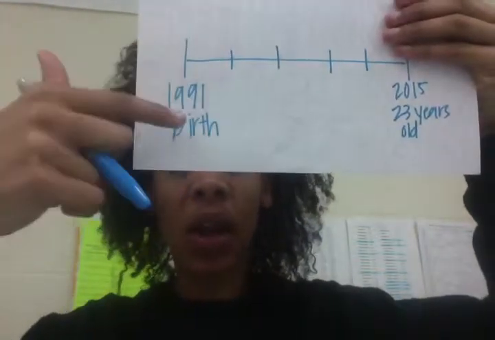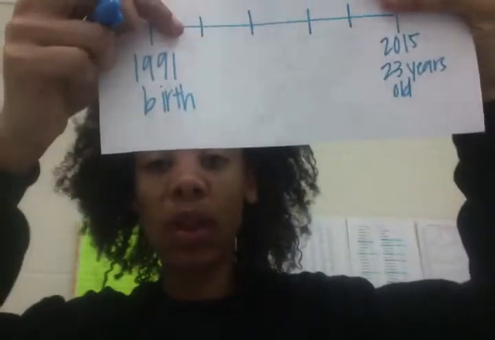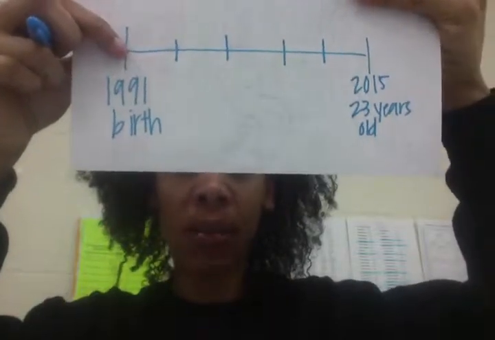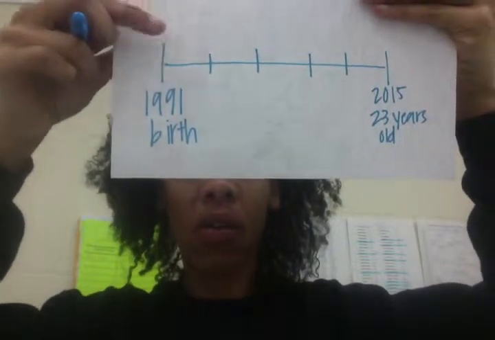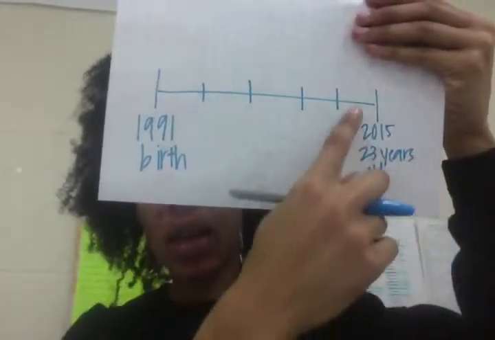So 1991, nothing happened before 1991 for me because I wasn't born until 1991. So this would be the first thing ever on my timeline. So on the right side, okay, on the right side is where it always begins. And on the left side is where it ends. Or it could keep going, depending. For me, I'm hoping it keeps going.